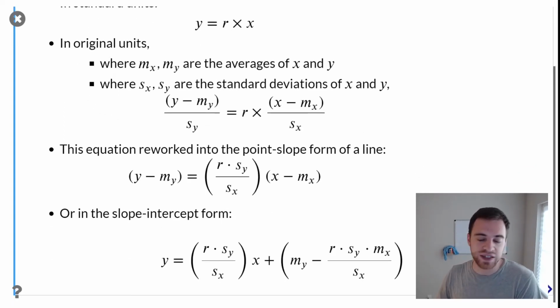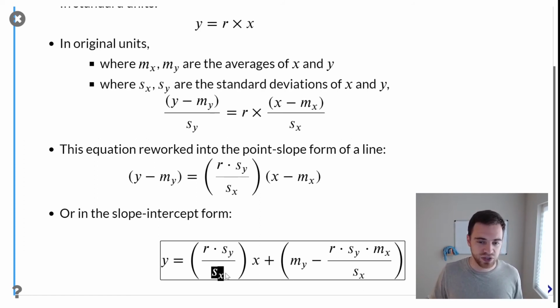It's a slightly more complicated formula, but it's performing the regression by converting everything to standard units, multiplying by the correlation coefficient, then converting back. The slope is the standard deviation of the y's over the standard deviation of the x's times the correlation coefficient. It's not just correlation times x anymore. You have to apply this extra factor.